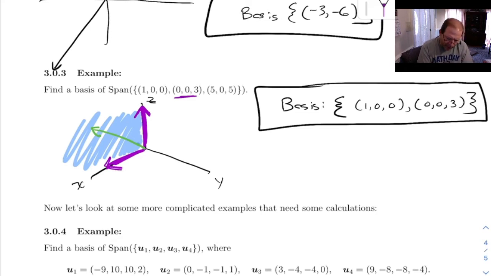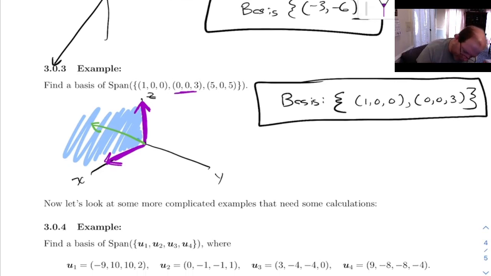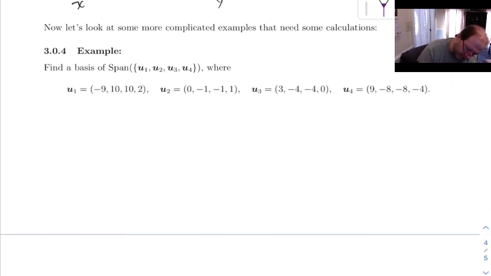Okay, so those are ones we can just kind of look at. But if we do a more complicated example, we're going to have to do some calculations for it. So let's look at this. Find a basis of the span of these vectors in R4, where we've got these four vectors.